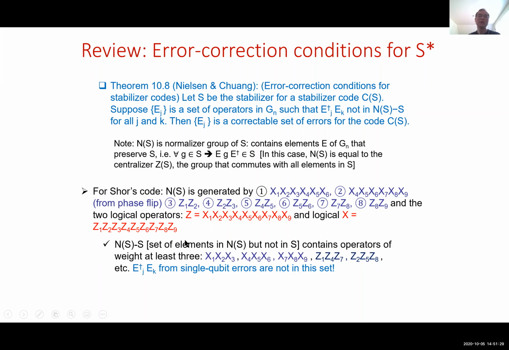But using this method, it requires you to find a normalizer group. It's a tedious process, but it's not that difficult. Just list all elements that commute with the stabilizer, as we did here.